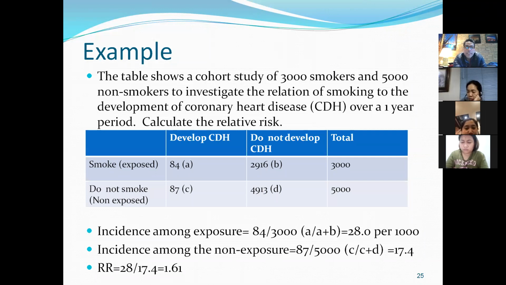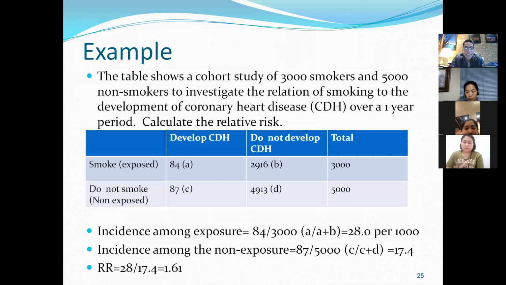If the column is 84 plus 2,916, that's a total of 3,000. And if you have 87 plus 4,913, that's 5,000.